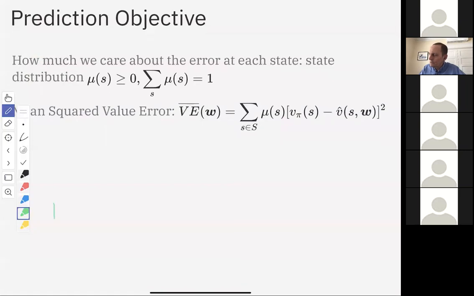So if we look again at this case, imagine we were in this two-dimensional world where we had S here, and v prime of s on the y-axis, and then we have a bunch of samples.